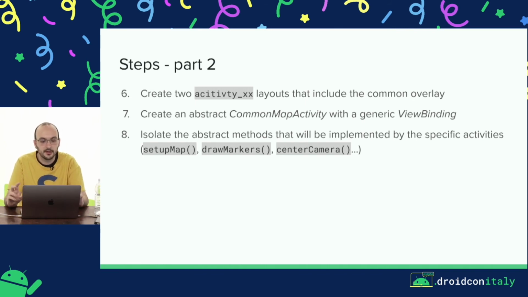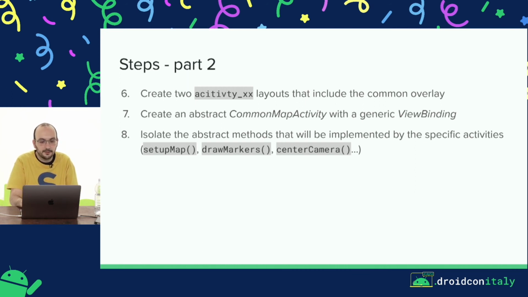For example, the draw markers method, and we can say we need to draw our markers, but in our common map activity we don't care how this will actually be done in the 2 different implementations. The same, for example, for the center camera method and all the methods that we saw.